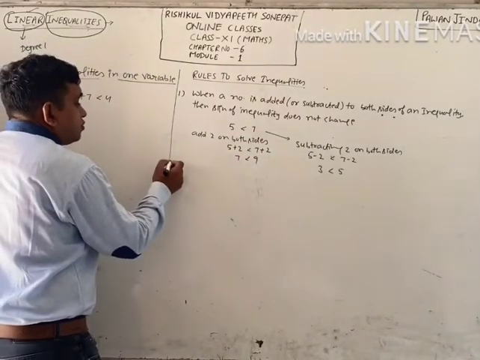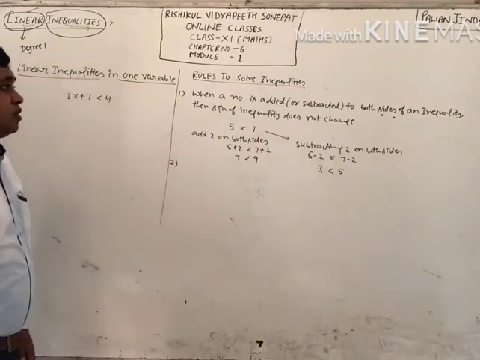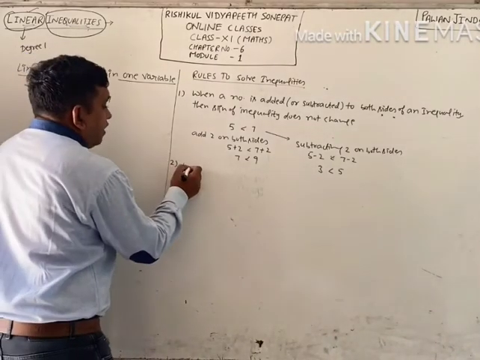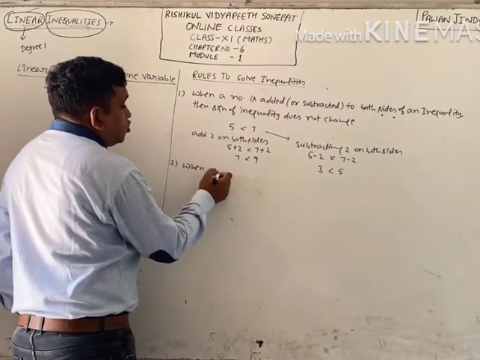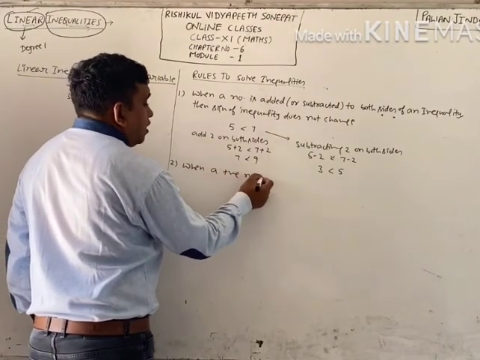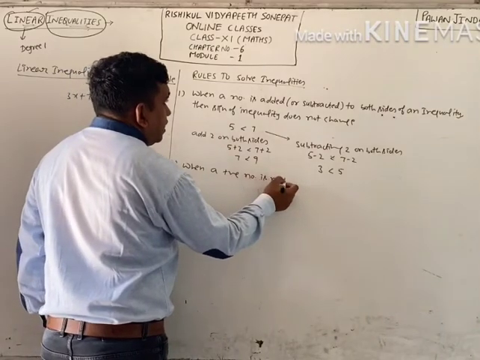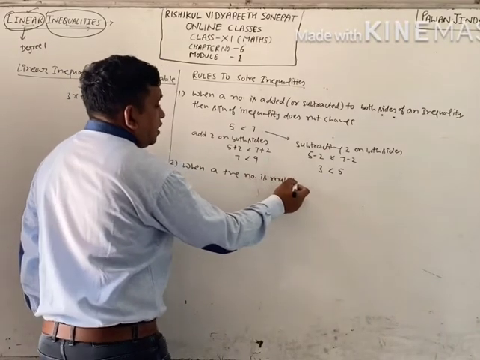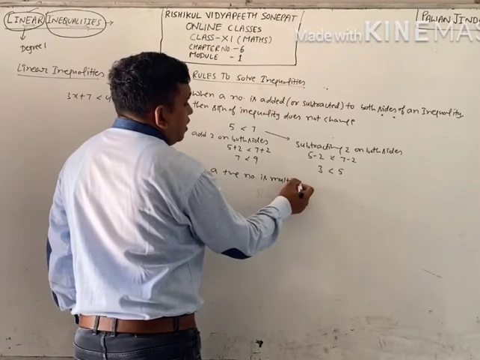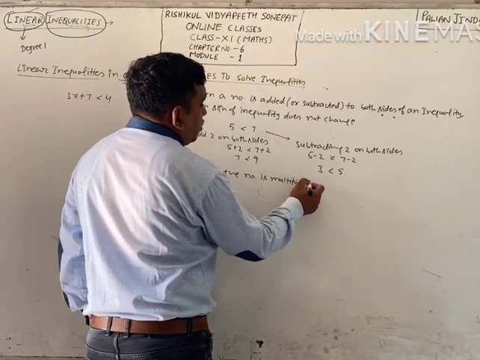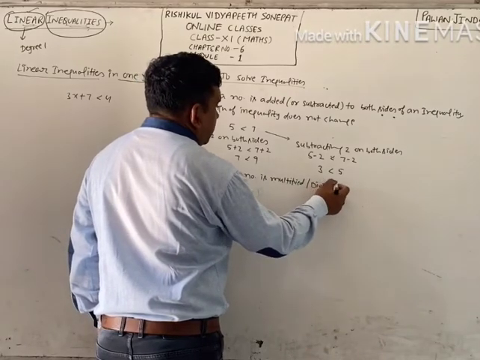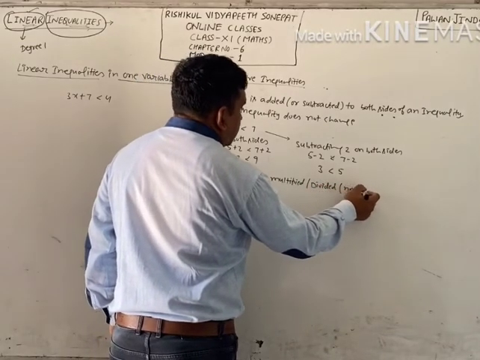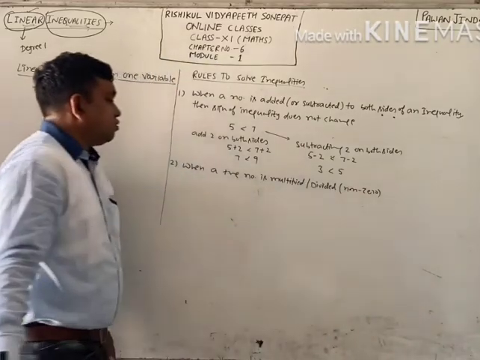Rule number 2. When a positive number is multiplied or divided. But remember one thing, your number should be non-zero.